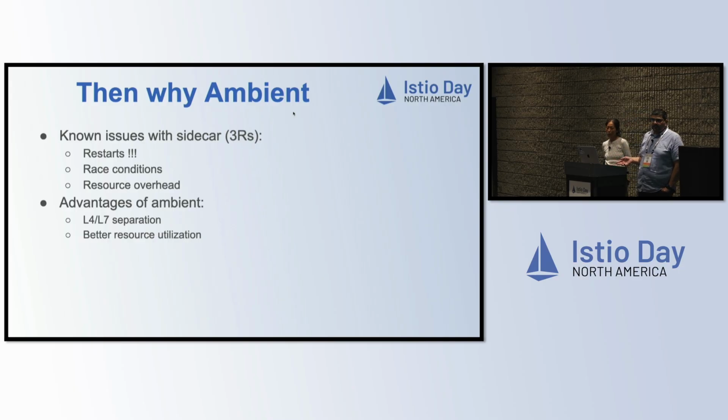What we mean by restarts is that every time we needed to upgrade App Mesh or Istio, we needed to restart all the pods within the mesh to pick up the new proxy sidecars.